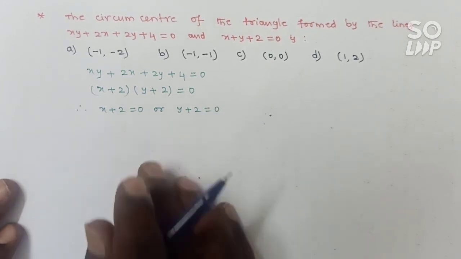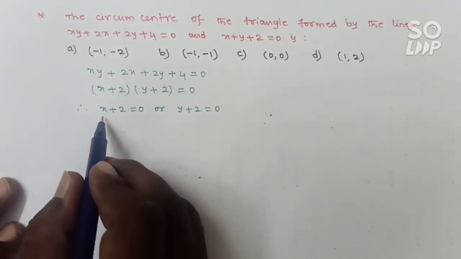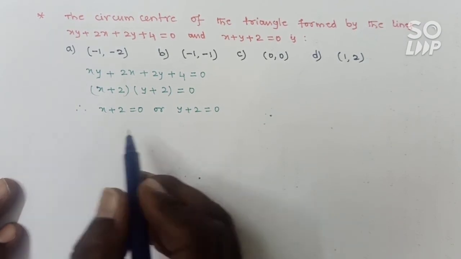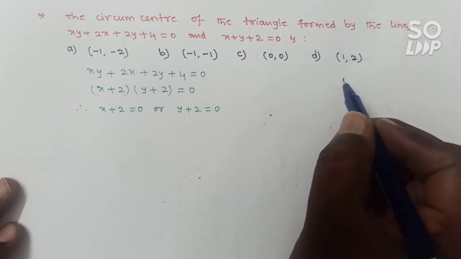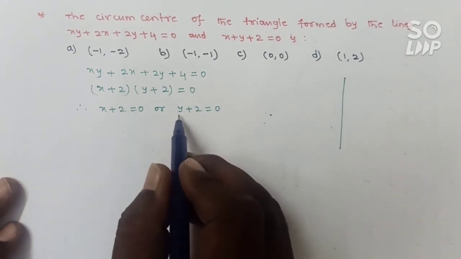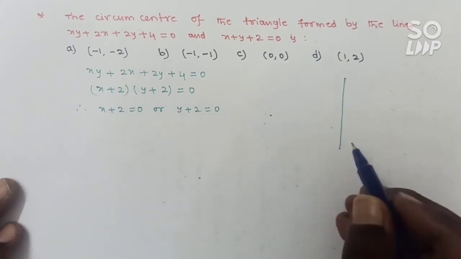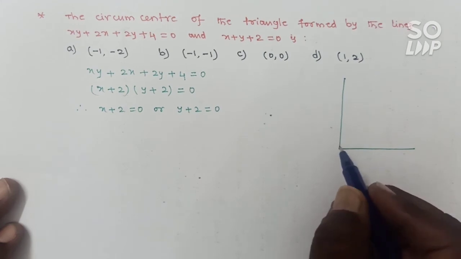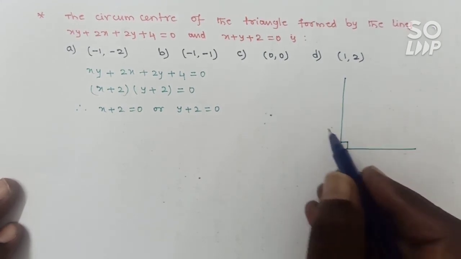So these are the two lines. x plus 2 is equal to 0 is always a vertical line, and y plus 2 is equal to 0 is always a horizontal line. So these are the perpendicular lines.